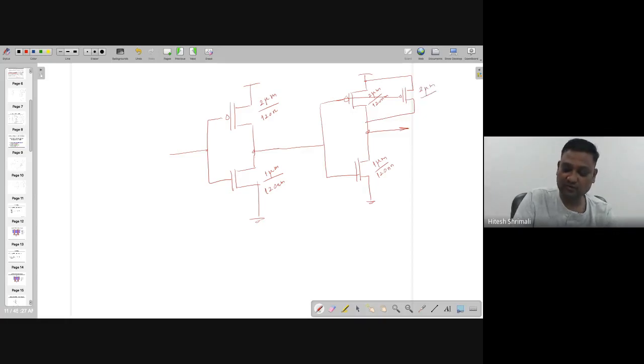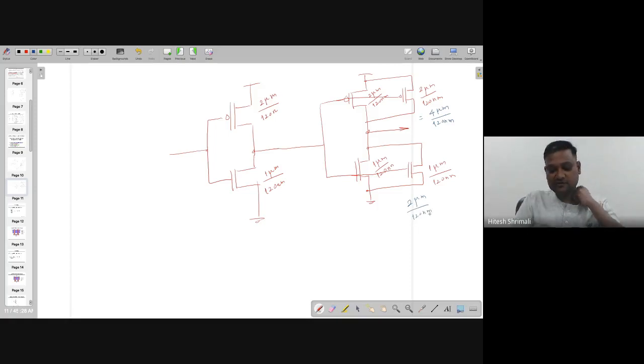So 2 micro by 120 nano, and the same thing is going to happen over here. In this case, as we have learned that two transistors are in parallel, the width is getting double, right? So effectively, it's equivalent to 4 micrometer divided by 120 nanometer, and this is 2 micrometer divided by 120 nanometer.